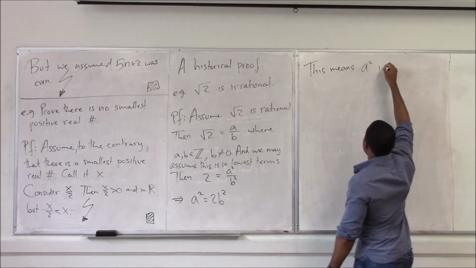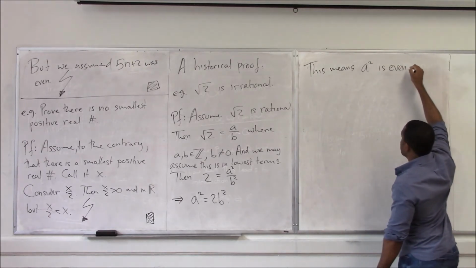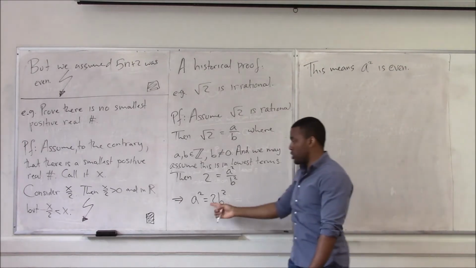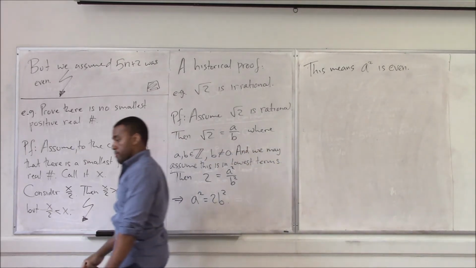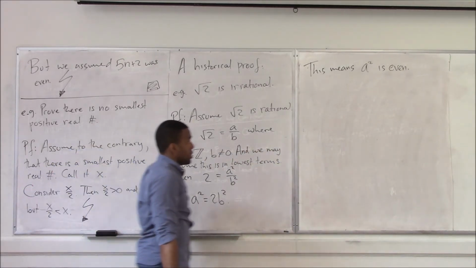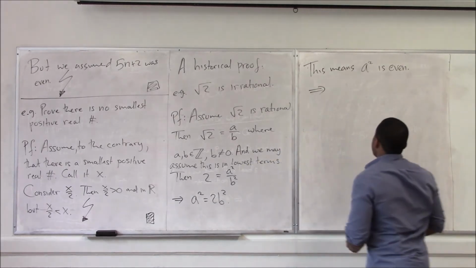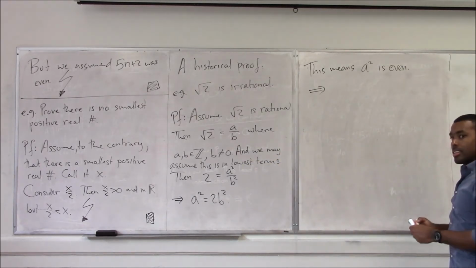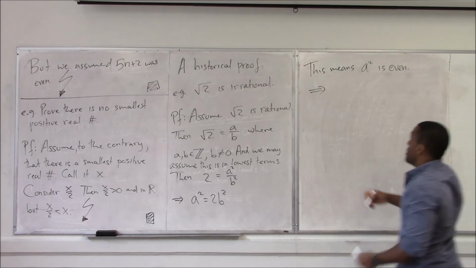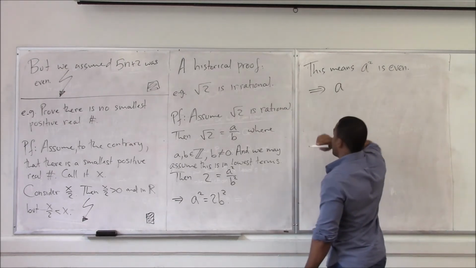a squared is even. And that is true by definition. It's 2 times an integer. Okay, but what does a squared is even mean? What does it say about a?